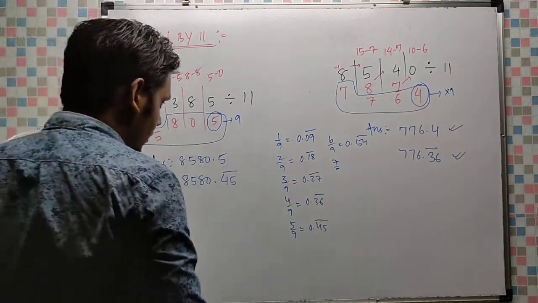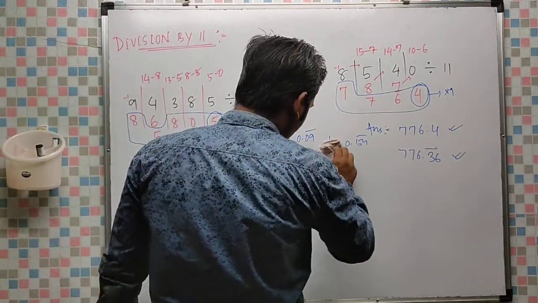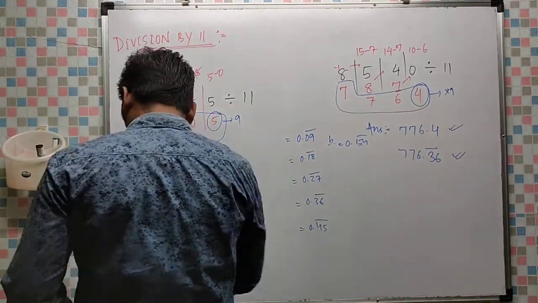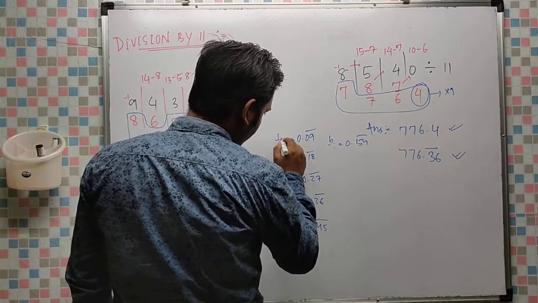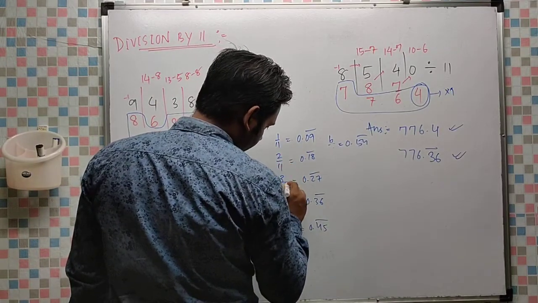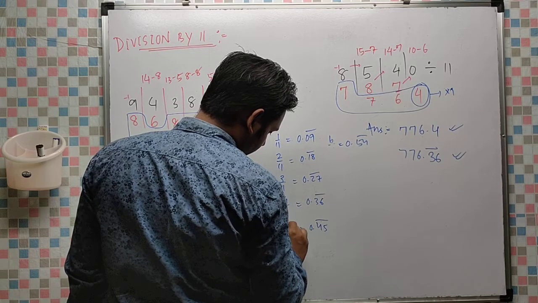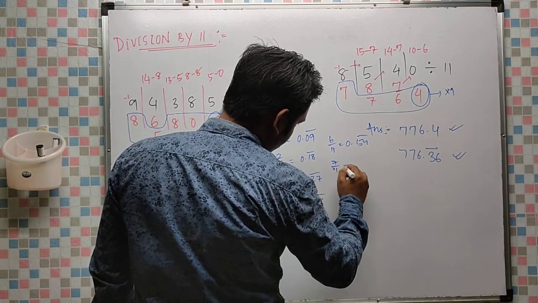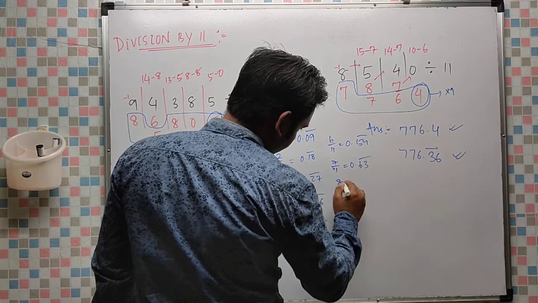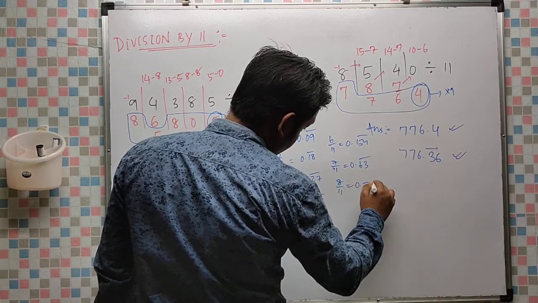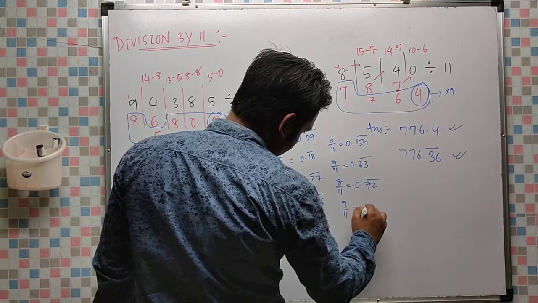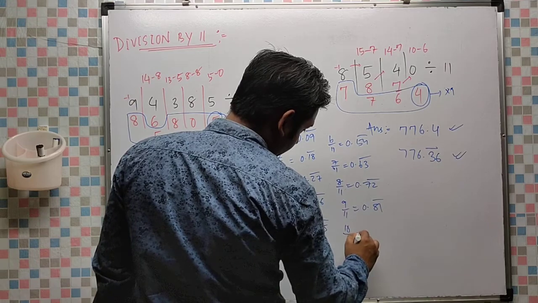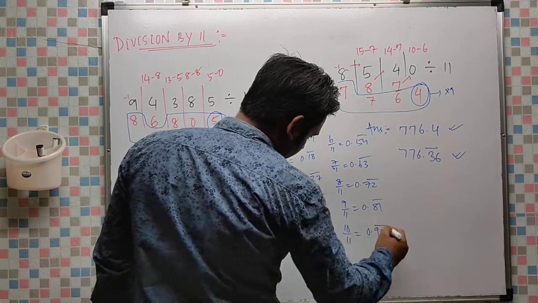Everyone, 11 should be the denominator. 1 by 11, 2 by 11, 3 by 11, 4 by 11, 5 by 11, 6 by 11, 7 by 11, that is 0.63 bar, 8 by 11, 0.72 bar, 9 by 11, that is 0.81 bar, 10 by 11, 0.90 bar.